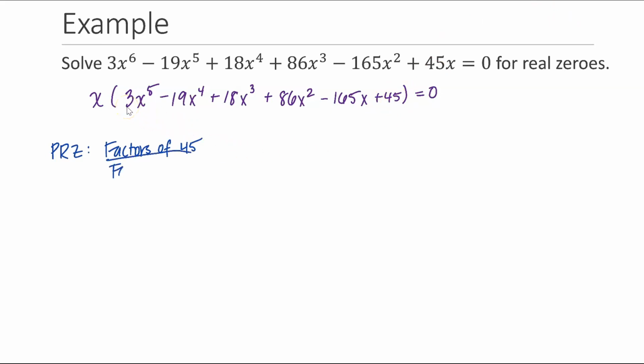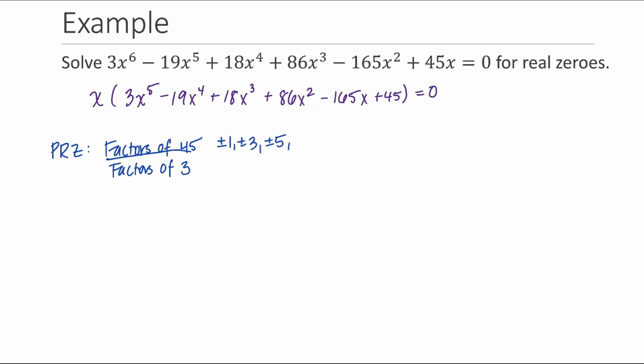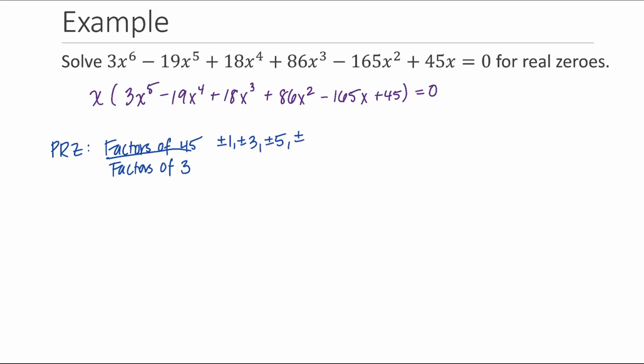So the factors of 45 over the factors of 3. So the factors of 45 are going to be plus or minus 1, plus or minus 3, plus or minus 5, plus or minus 9, plus or minus 15, and plus or minus 45. Those are all the factors of 45. And the factors of 3 are just 1 and 3.